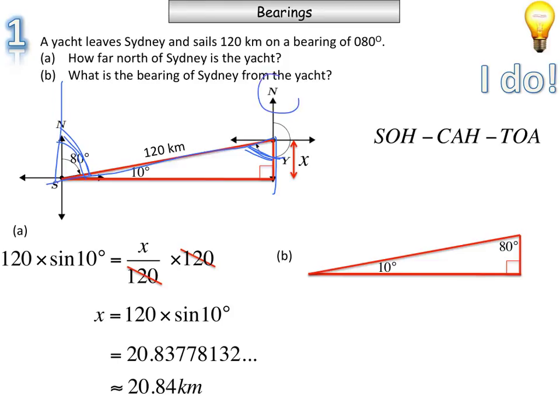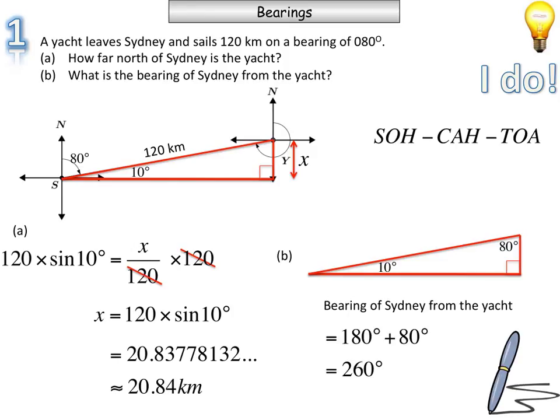They're parallel because these are facing in the same direction. So the bearing of Sydney from the yacht will not be just 80 degrees, but 180 plus 80, because this is a straight angle. There's 80 degrees, and adding that extra part will indicate the total bearing. So the bearing is 260 degrees.